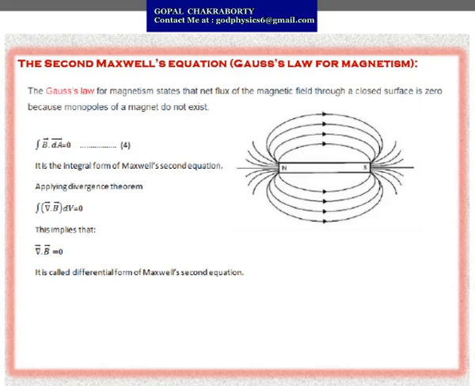Here I have shown you a diagram where the lines of force originate from the north pole and end at the south pole. You can break up this bar magnet into a number of parts, and each part will give you a north pole and a south pole.